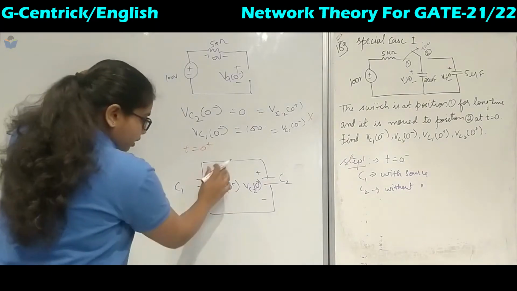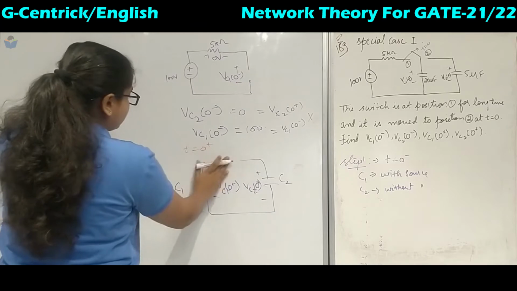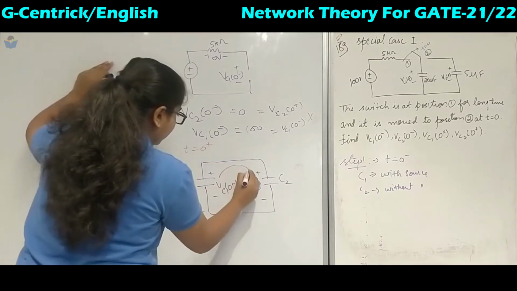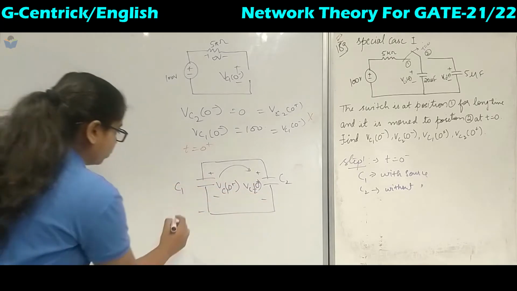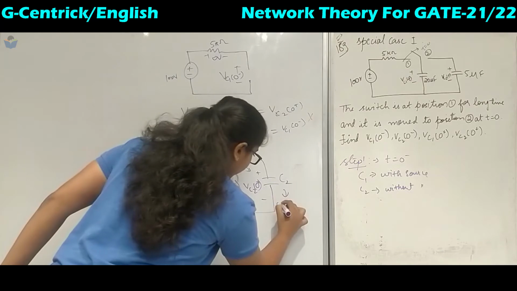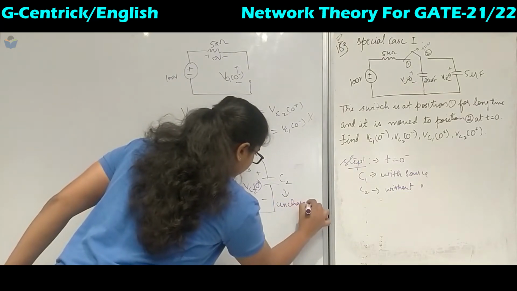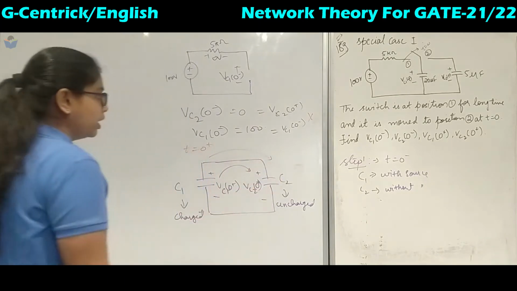In the previous case we have seen there was a resistor here, but in this case the resistor is absent. So instantaneously this C1 will charge the capacitor C2, because C1 is a charged capacitor and C2 is an uncharged capacitor. Within no time this C1 will charge the C2.